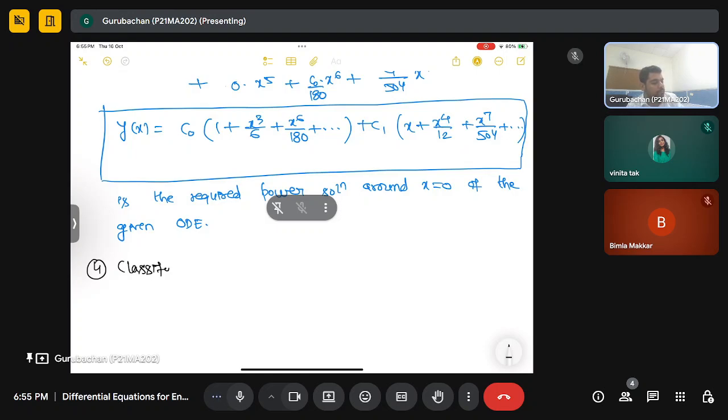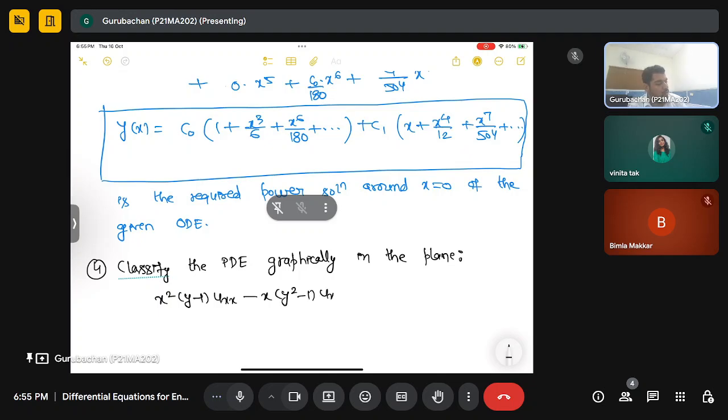Classify the PDE graphically in the plane: u_xx, u_xy, u_yy equals 0.